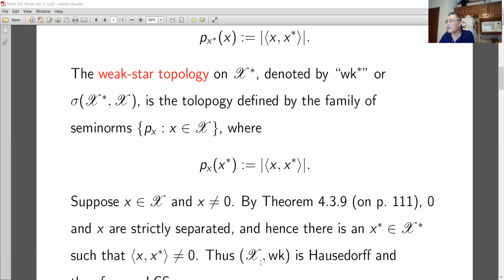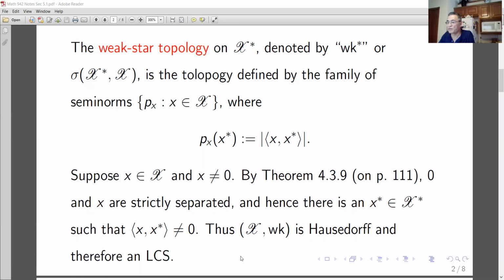So therefore, this is Hausdorff, and by our definition, this is a locally convex space. For our textbook, the Hausdorff condition is built into the definition, so every locally convex space must be Hausdorff.